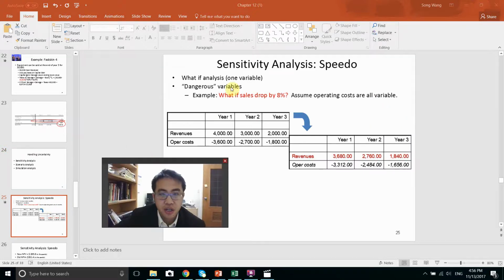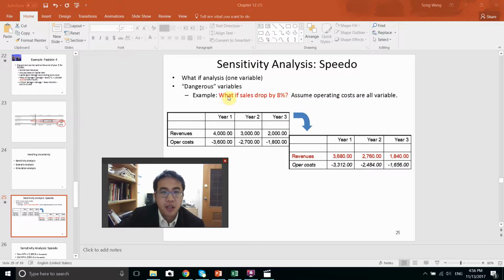So what you see here is basically a what-if analysis. What if some variable changes? What would be the dangerous variable? Let's say sales definitely is a very important variable because operating cash flow is purely determined by sales. So if sales drops, that would affect my operating cash flow on a large scale.